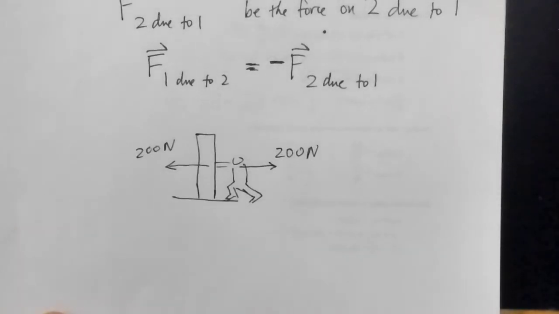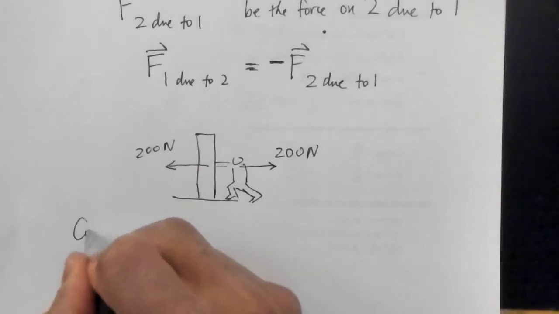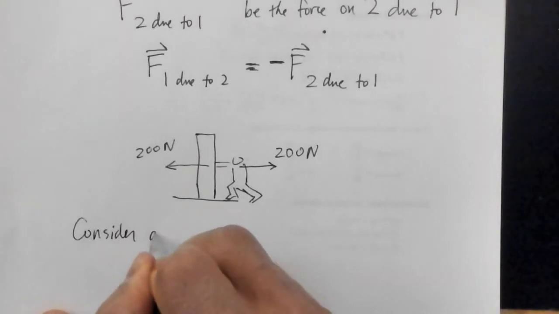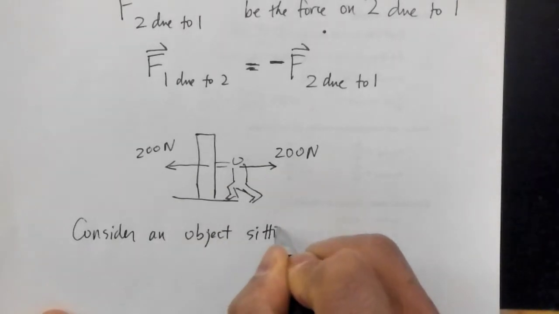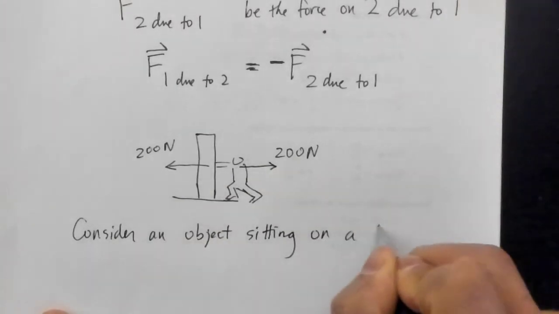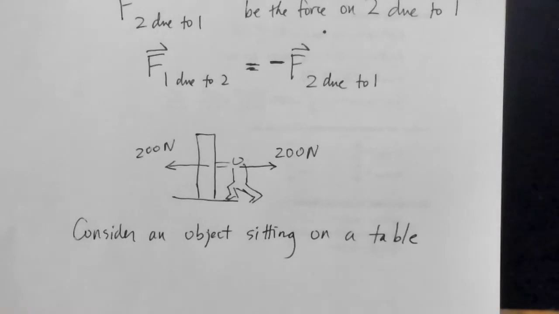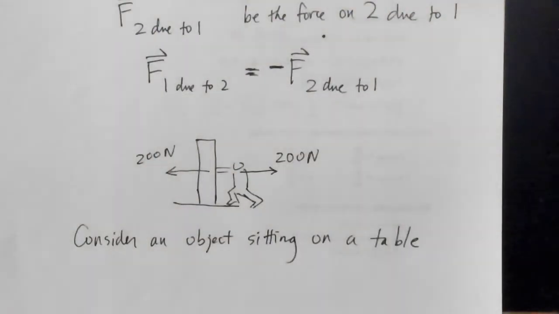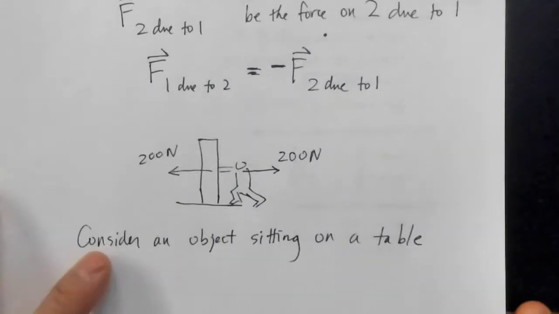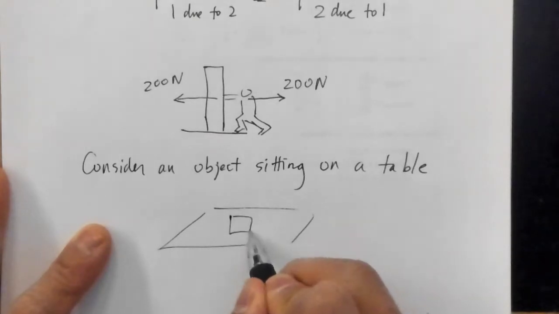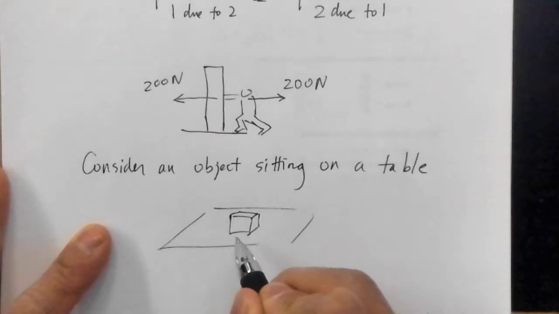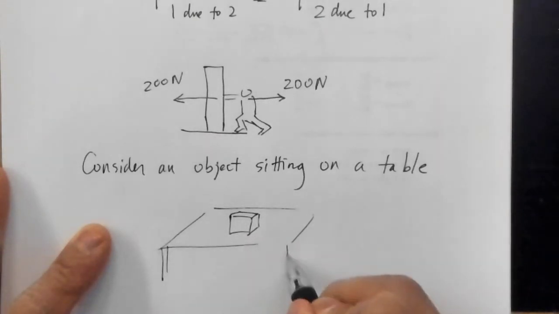Now we're going to consider an object sitting on a table. You want to visualize it, like this box of erasers sitting on this table here. There's some block, it doesn't matter what it is.